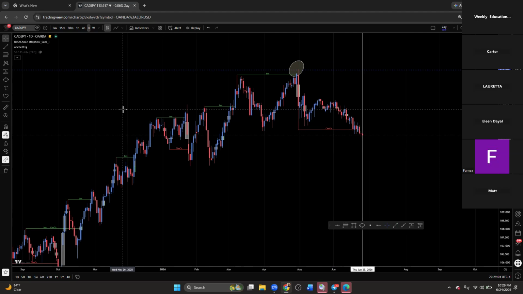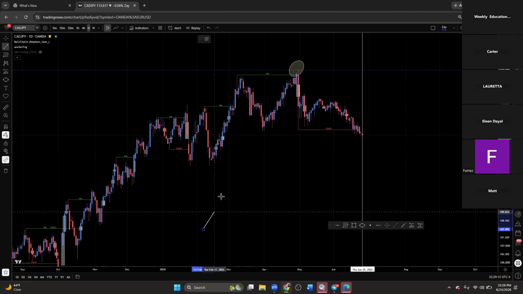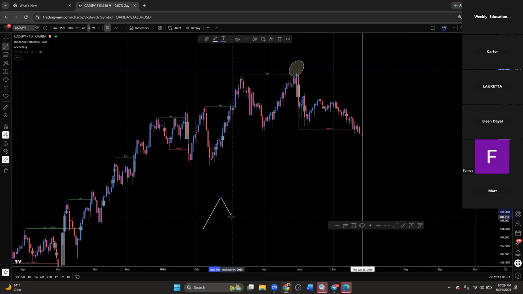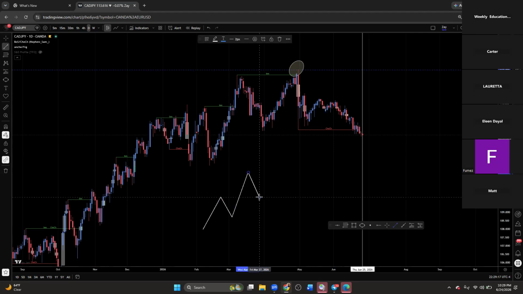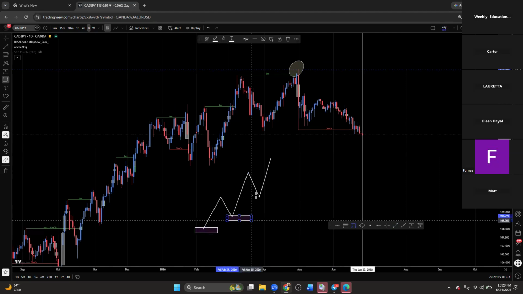Does that make sense? Okay. For anyone that's confused, I'm gonna repeat that again. In the uptrend, you have a low, high, higher low, higher high, higher low, higher high. I want you to understand that in the uptrend, the lows are your support levels. The highs are your resistance levels.